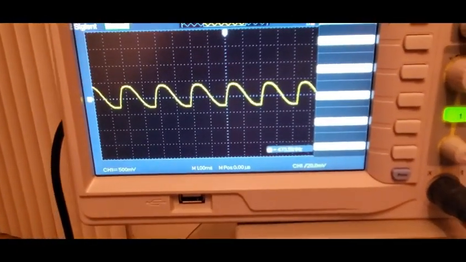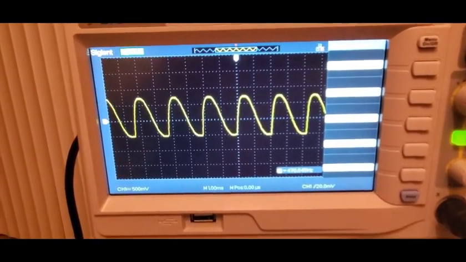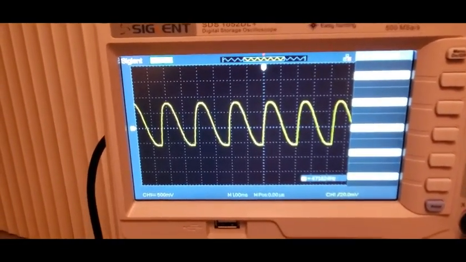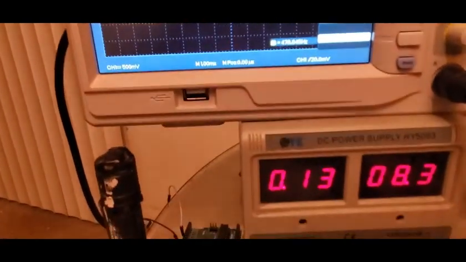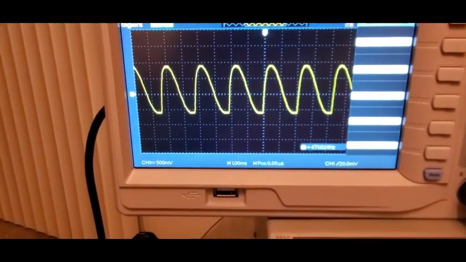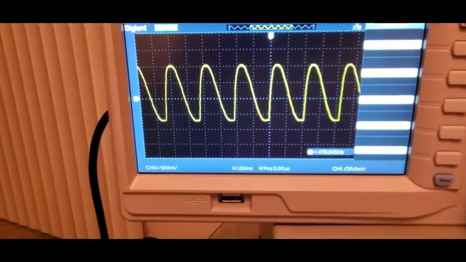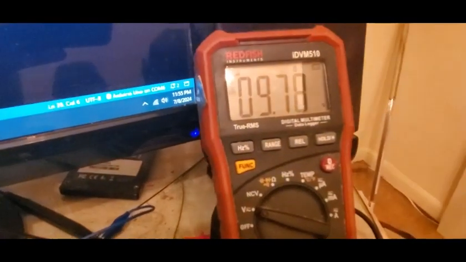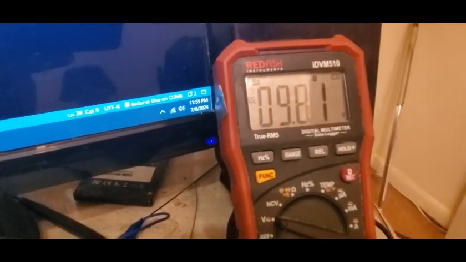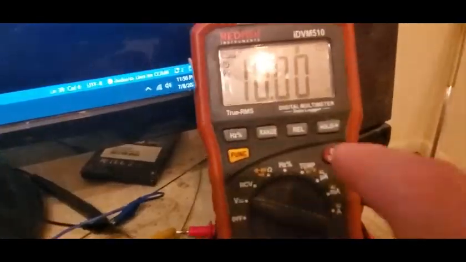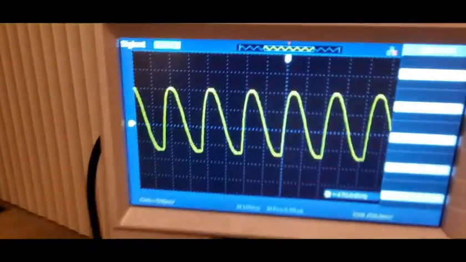So let's turn up the voltage now. I want to put the voltage at 10 volts. That's why I have the meter there. So now we have the power supply exactly at 10 volts.